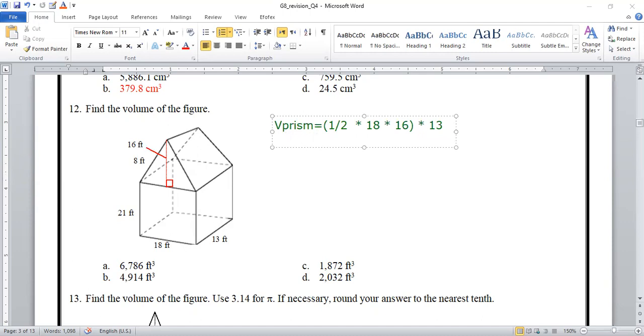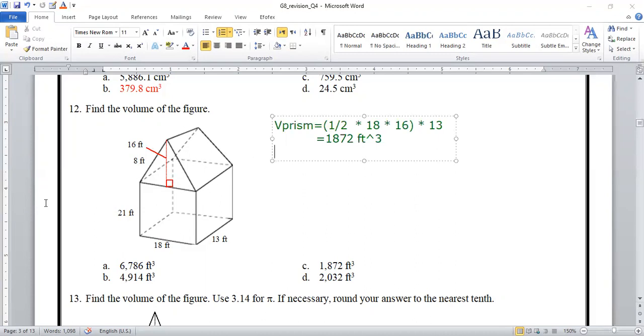Half times 18 times 16 times 13 equals 1,872 feet cubed. Okay, the first volume, the first shape.